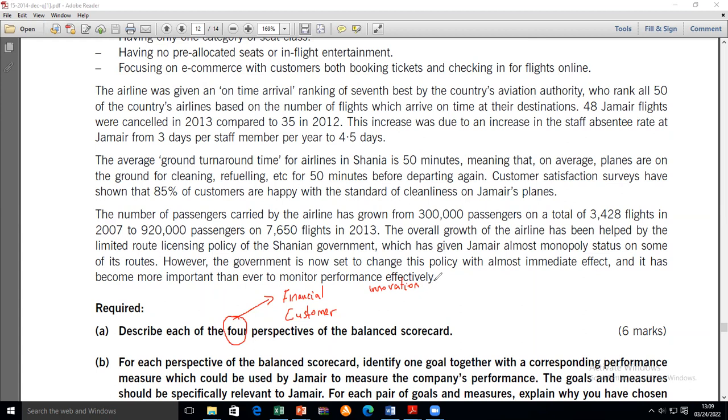So an organization should get evidence in this area. And the last one? The internal processes. So these are the four perspectives.